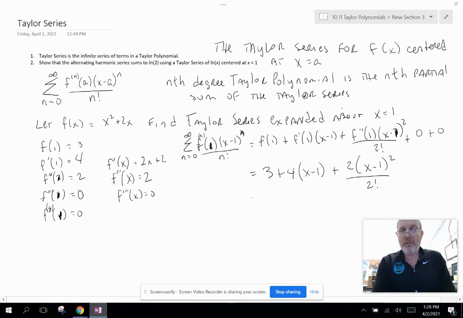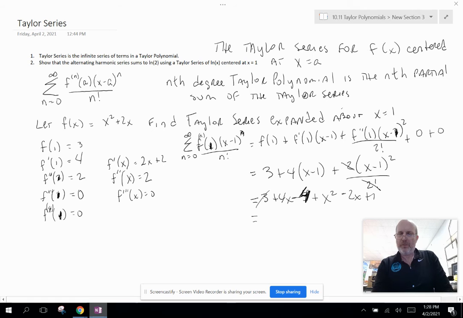Let's see what happens here. This is going to be 3 plus 4 times x minus 1, and this is going to be 2 over 2 factorial. Since 2 factorial is 2, these are just going to cancel. And this is going to be x minus 1 squared, which is x squared minus 2x plus 1.